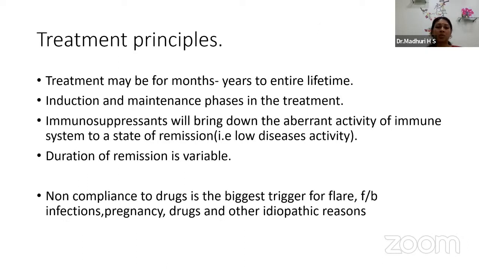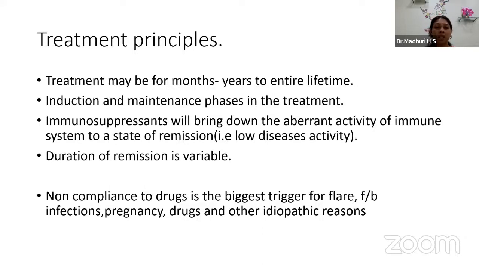Then there are some treatment principles in autoimmune disease treatment. Here the treatment will go on for months to years, and in some cases it will go on for the entire lifetime. This is what makes some people turn towards Ayurvedic medicines or other alternate forms. But even there, it will be required for many months to years.